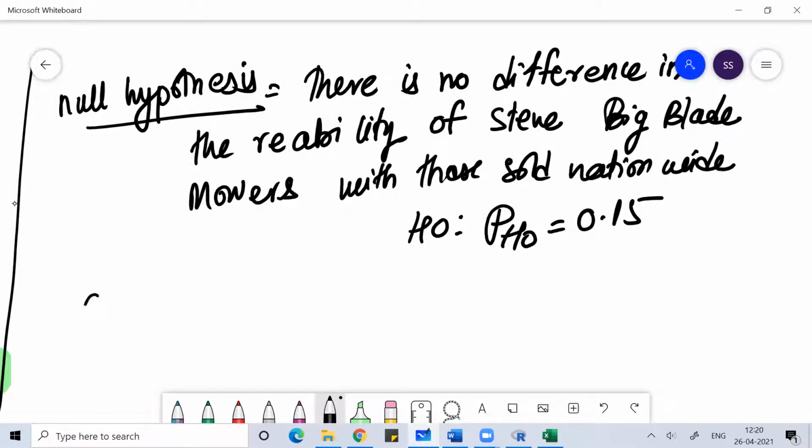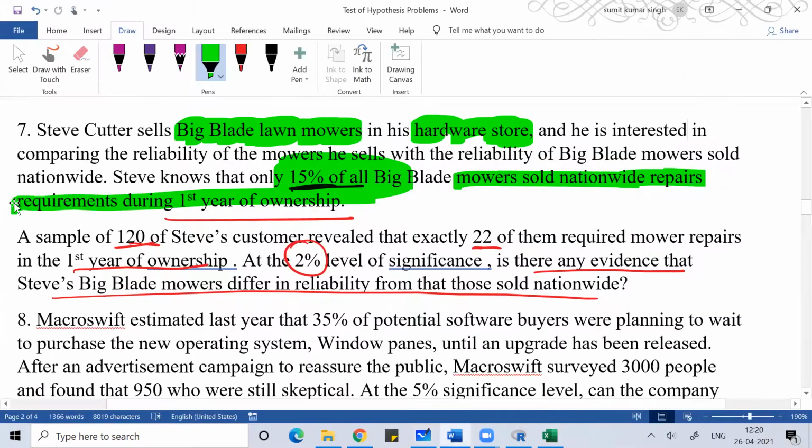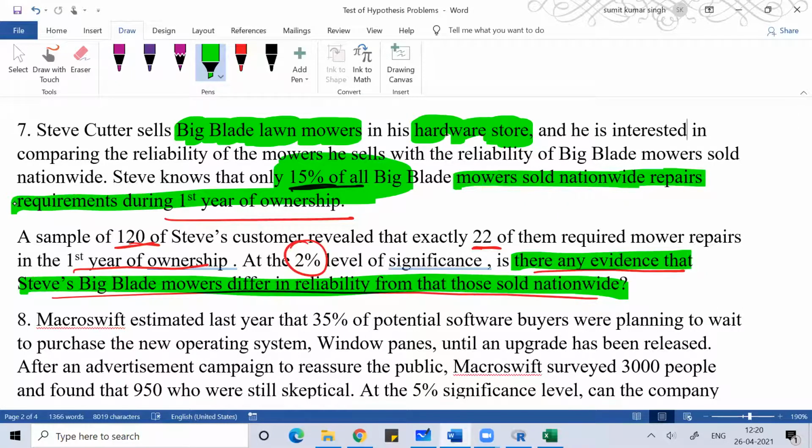Now my alternative hypothesis. What I write will depend on the question being asked. The question asks whether there is any evidence that Steve's Big Blade mowers differ in reliability from those sold nationwide.